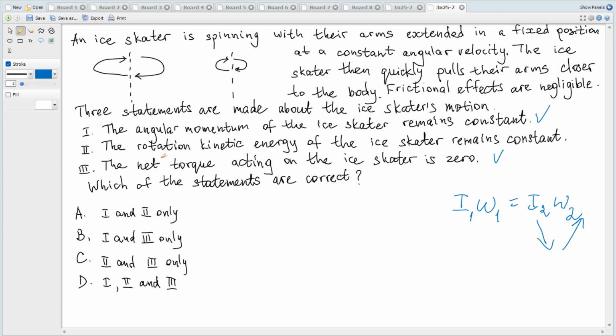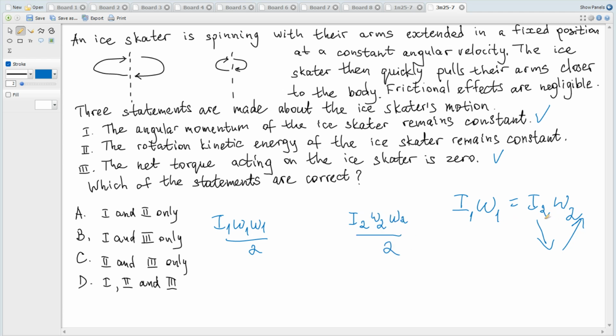And what about the rotational kinetic energy? It's I omega squared over 2. I write it like this: initially it's I1 omega 1 omega 1, and then it's I2 omega 2 omega 2.